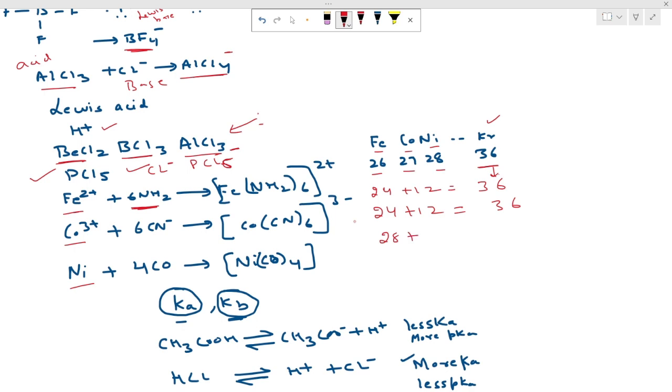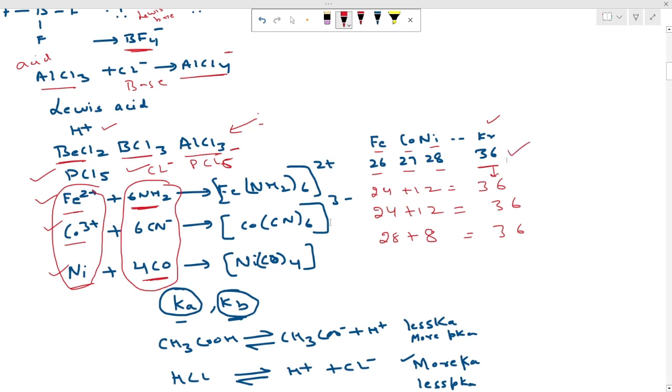It requires 8 more electrons to have the configuration of krypton, so it can take 4 carbon monoxide molecules, giving nickel tetracarbonyl, Ni(CO)4. So in this way, these three, Fe2 plus, cobalt 3 plus and nickel, are acting as acids, and the ligands are acting as bases because they are donating the electron pair, and their tendency is to have the configuration of krypton with 36 electrons.